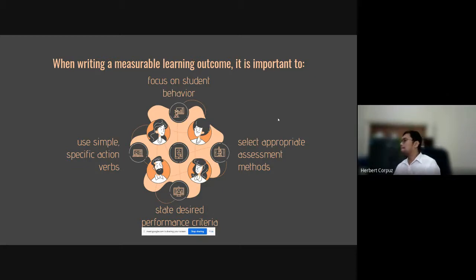Kapag sinabi mo na complete a two-column chart to compare and contrast, balik rin natin, we focus on student behavior. Compare and contrast amalgamation and assimilation using a Venn diagram.